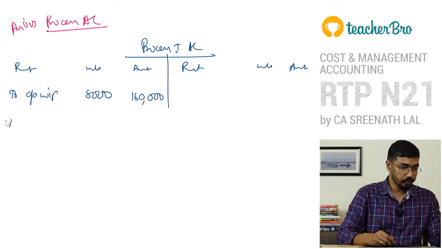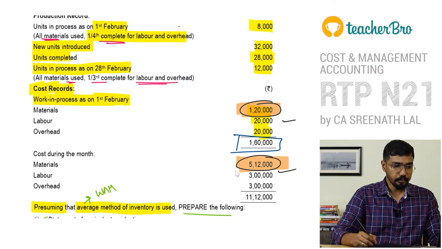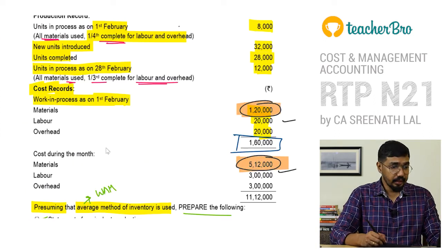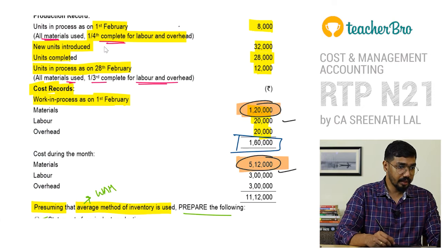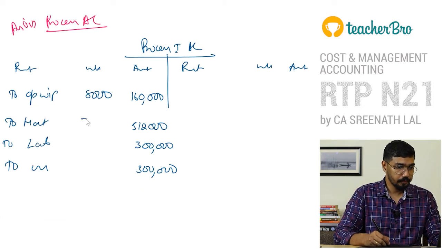Clear? To material, to labor, to overhead: 5,12,000, 3 lakh, 3 lakh. Material units are there, new units introduced 32,000.